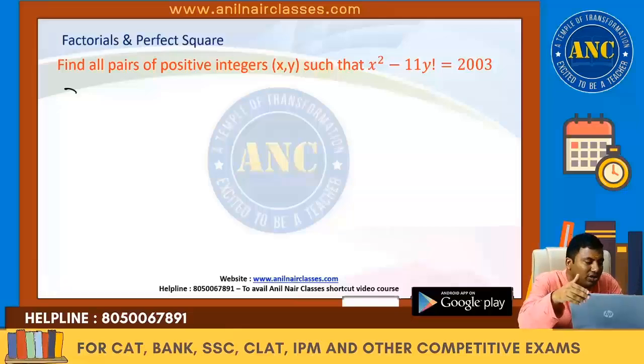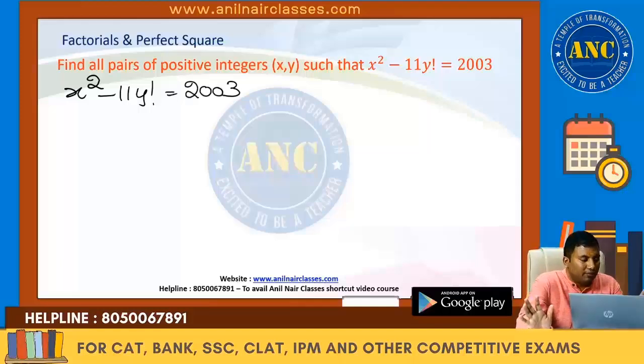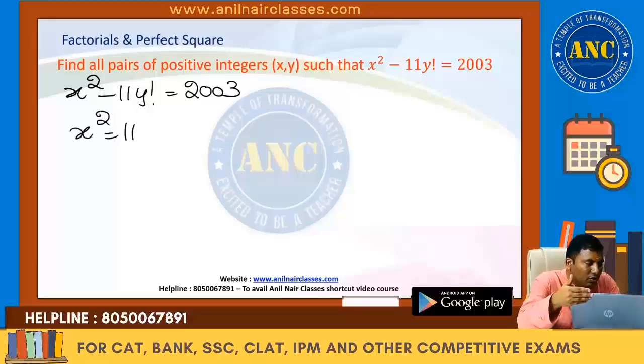Typical CAT level question. X square minus 11 into y factorial is 2003. Now see here, x square is equal to 11 into y factorial plus 2003.